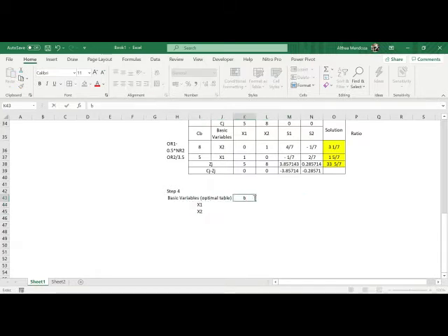So, let b be the whole number. The whole number for x1 is 1, and for x2 is 3. So 1, 3.